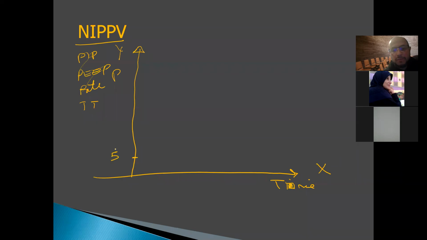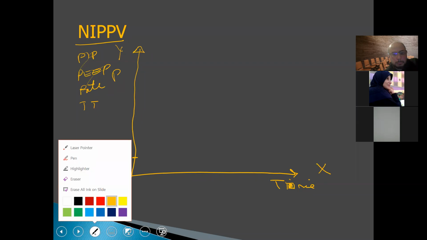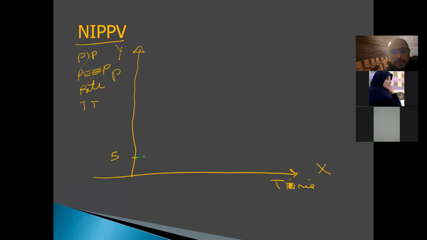Here, PEEP 5 or 6, whatever the number. Let's choose a different color. You start with 5, start generating the first breath, and then expiratory, second cycle, breath, and so on. Sorry, that's not the same boxes. We need to make it the same box, I just made a mistake. Okay.